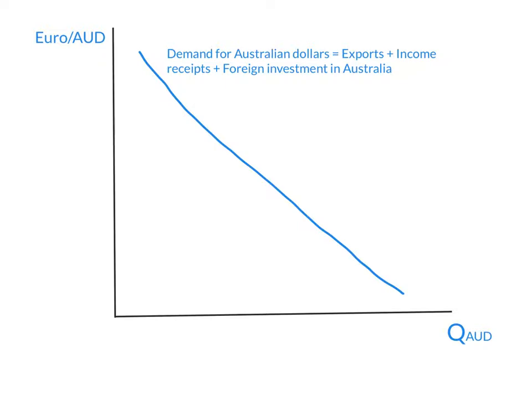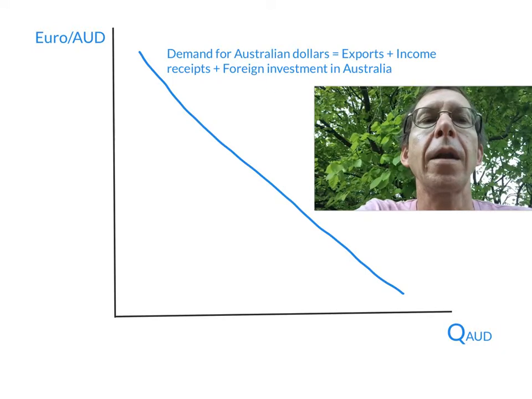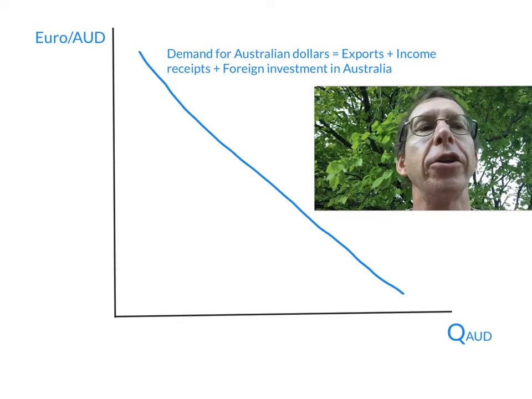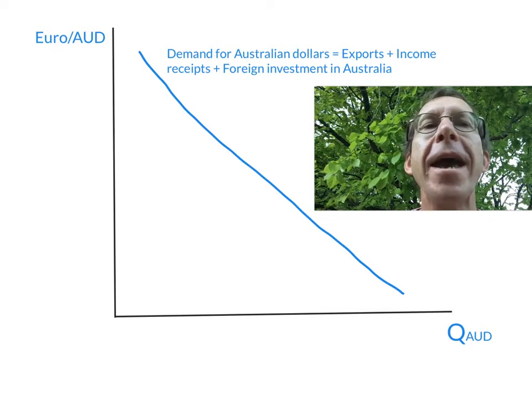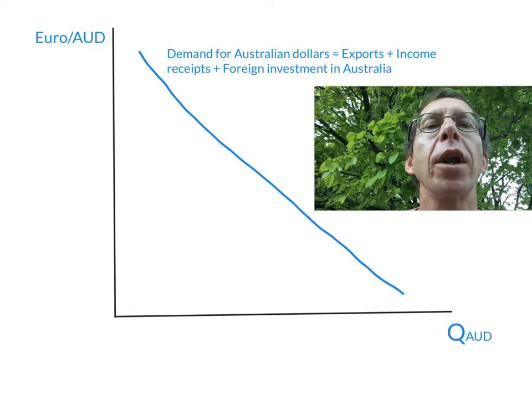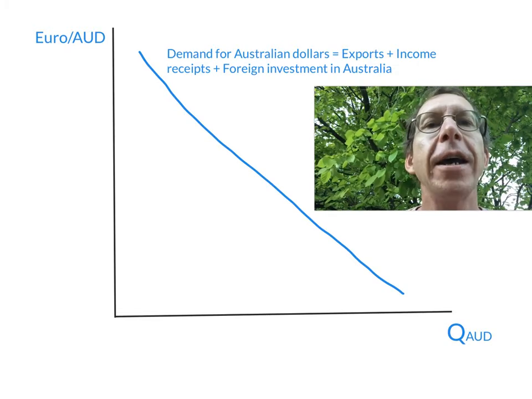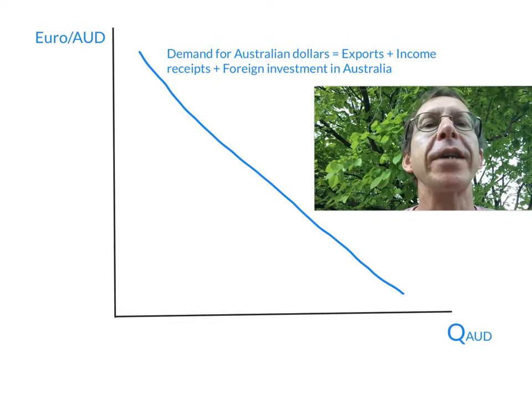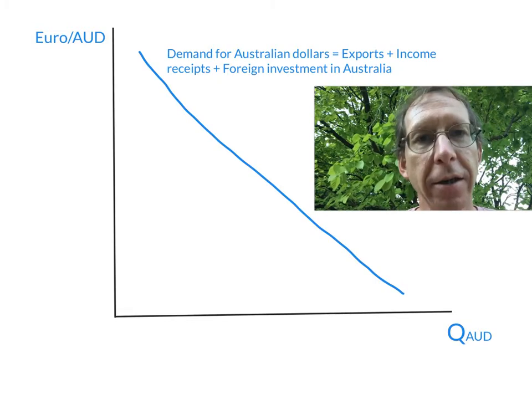Notice also that the demand for Australian dollars is simply the sum of exports, income receipts, and foreign investment in Australia. Notice that unlike a normal demand curve, this demand for Australian dollars is what we call a derived demand curve. People don't demand Australian dollars because they want them in their own right.